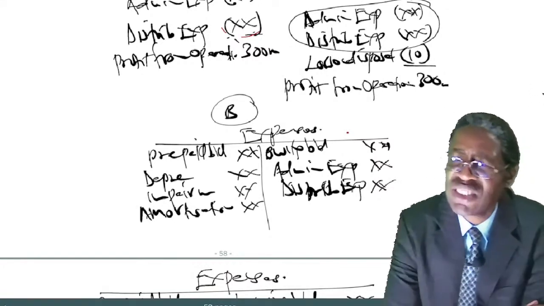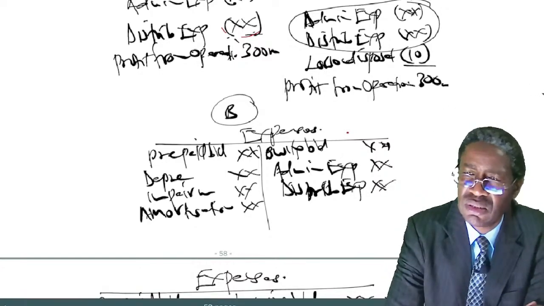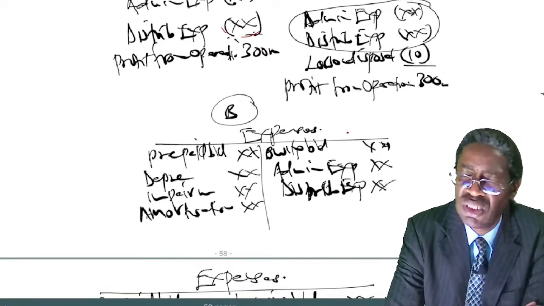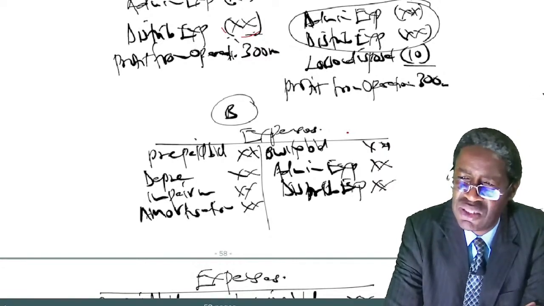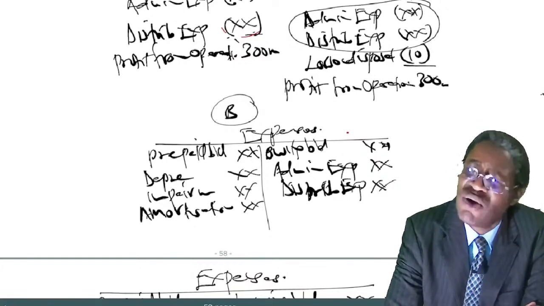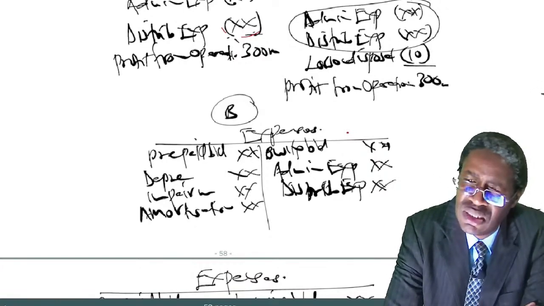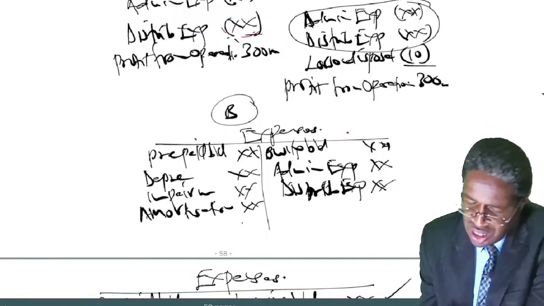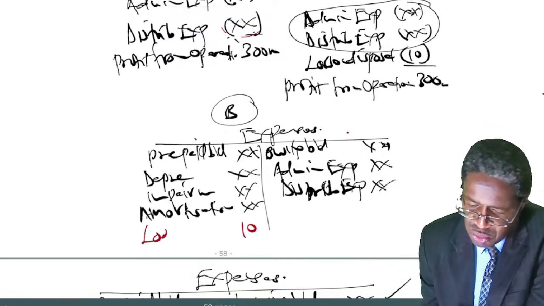For accountant number B, he has a loss on disposal. He charged it as an expense. Listen carefully. Will I also come and say that I also removed that 10 million in this account, a loss on disposal?